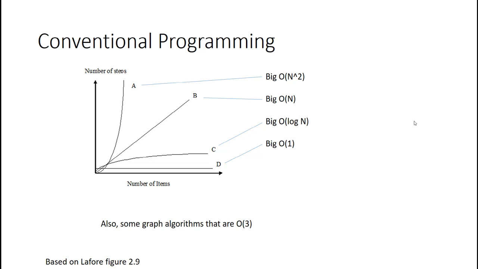And there are a few graph algorithms that we looked at that are n cubed, right? And I miswrote that there. That should be big O of n cubed, not big O of 3, which is just another way of saying constant. Sorry about that.